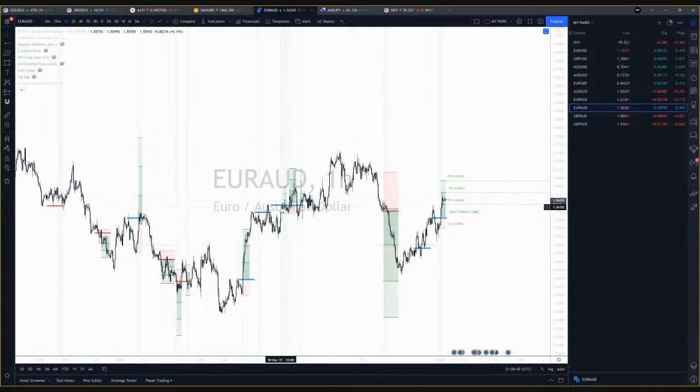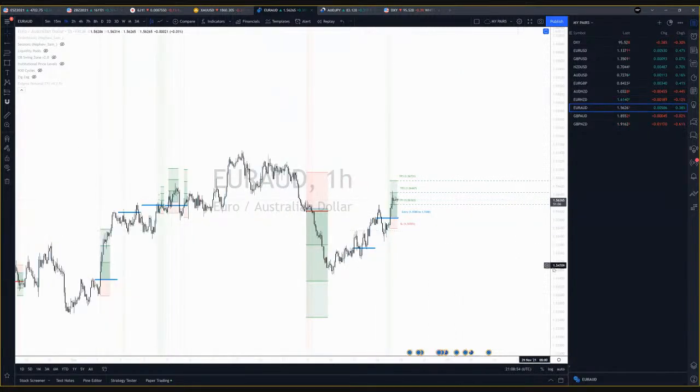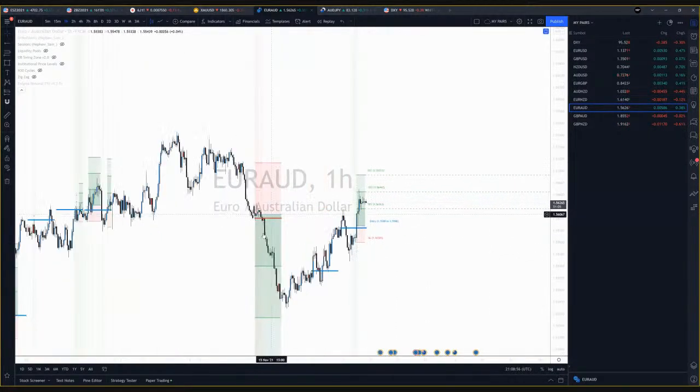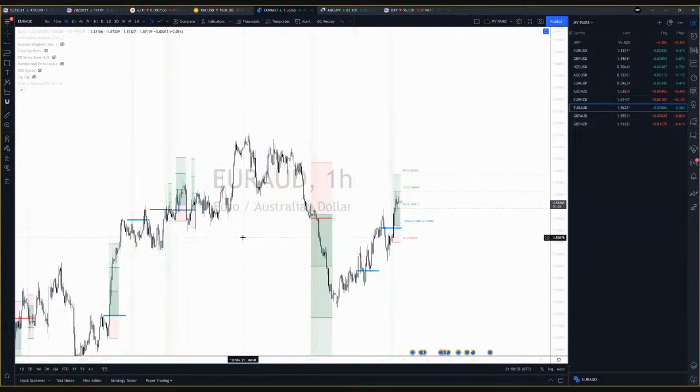When I was initially using Enigma, this is what jumped at me, and it helped confirm which direction I'm expecting price to go.